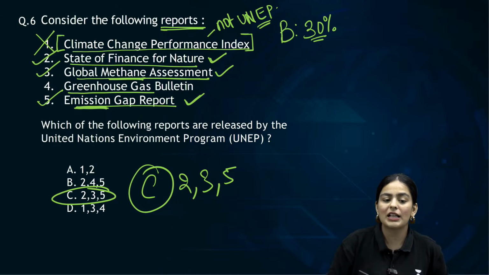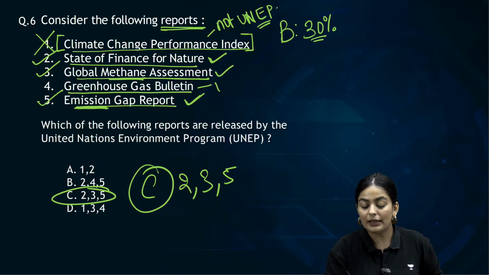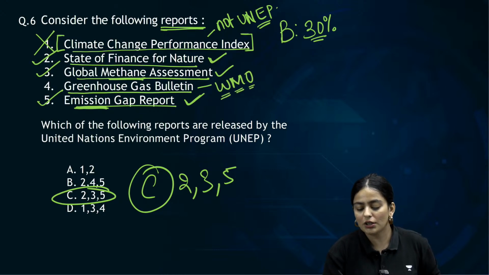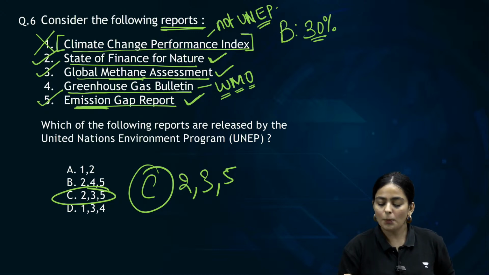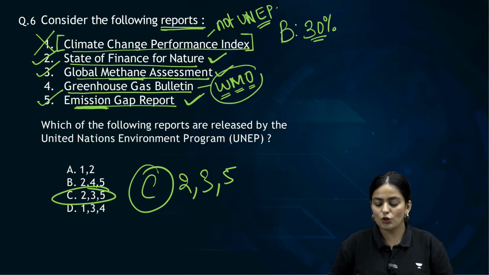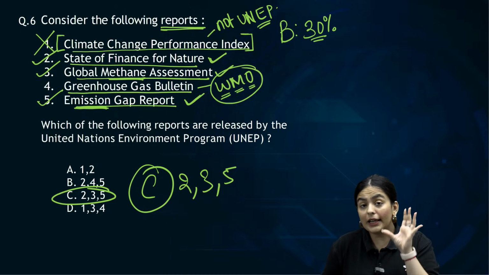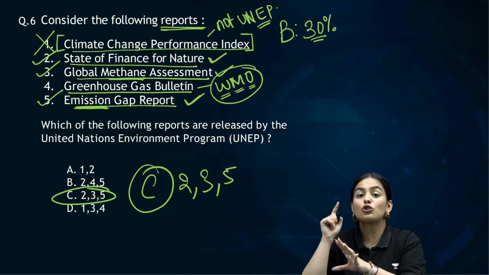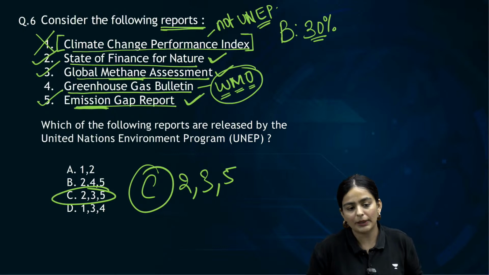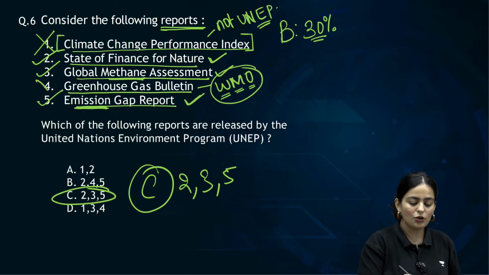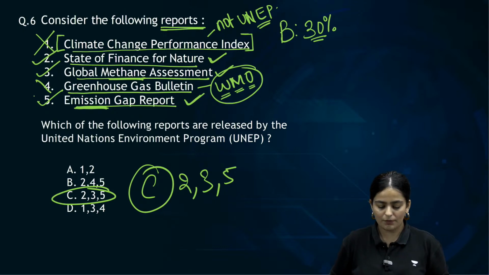The Greenhouse Gas Bulletin is released by WMO, World Meteorological Organization. So please remember, the bulletin is not by UNEP and the Climate Change Performance Index is also not by UNEP. Clear about this? Yes.